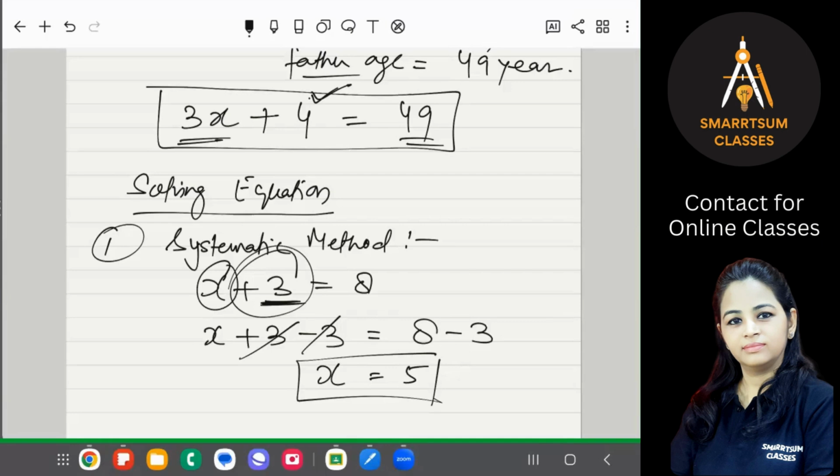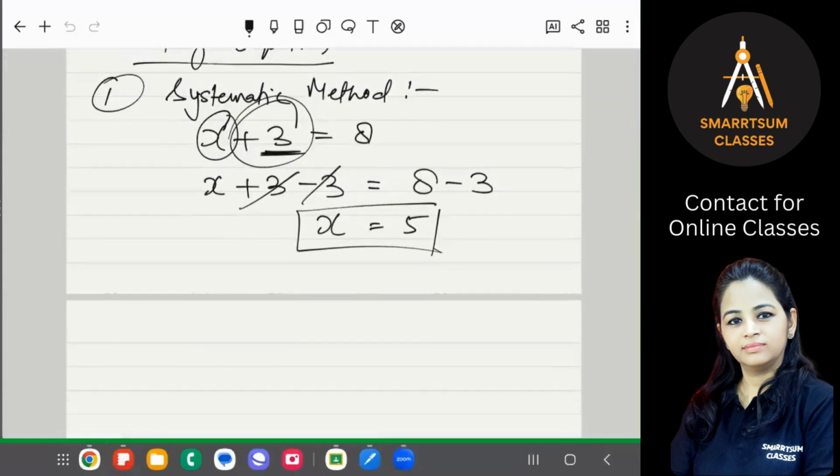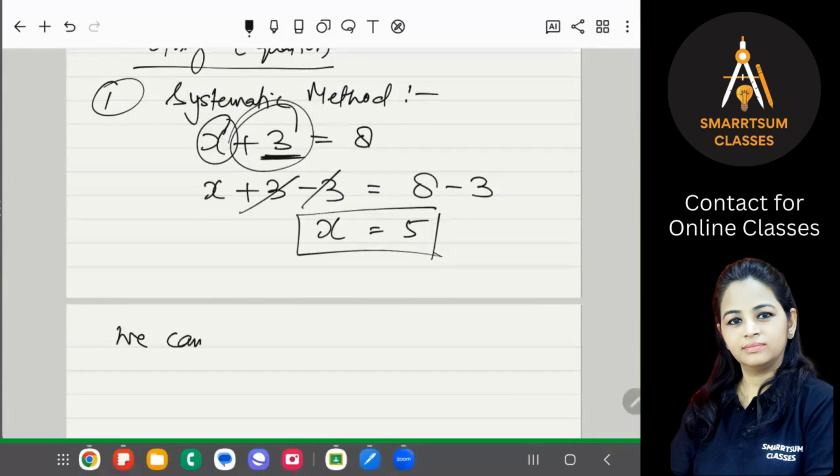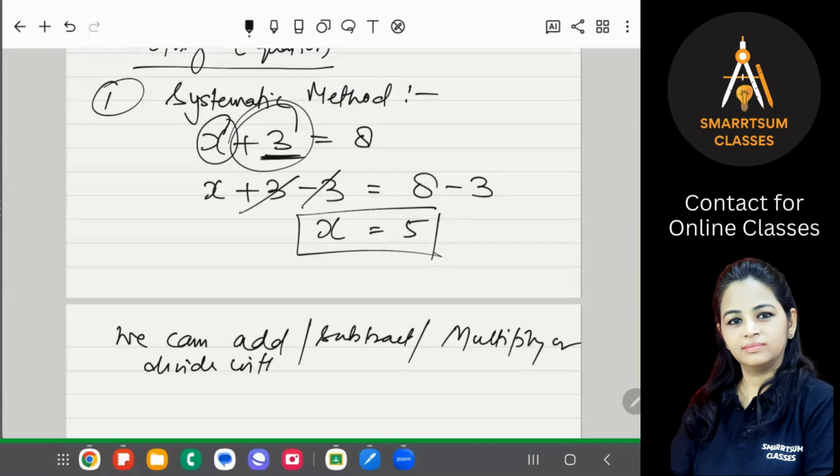So there are certain rules. If you add the same number on both sides, this will not change the value of the equation. Similarly, if you subtract the same number on both sides, it will not change the value of the equation. So we can add, subtract, multiply, or divide with the same number on both sides.